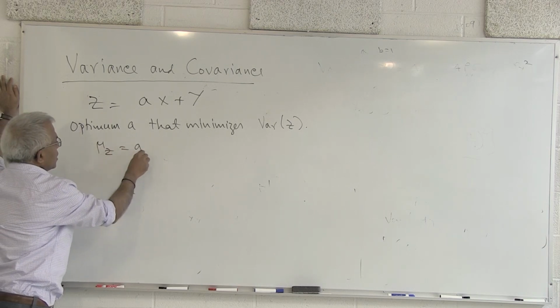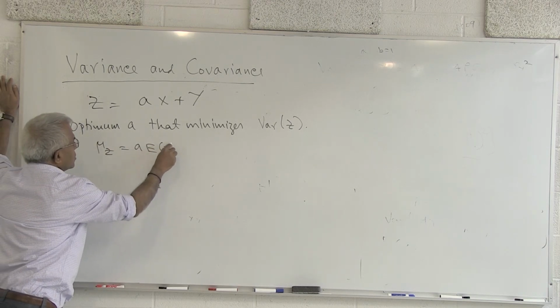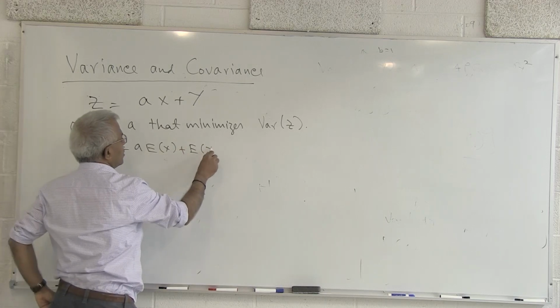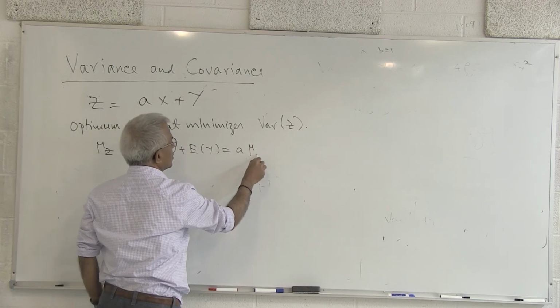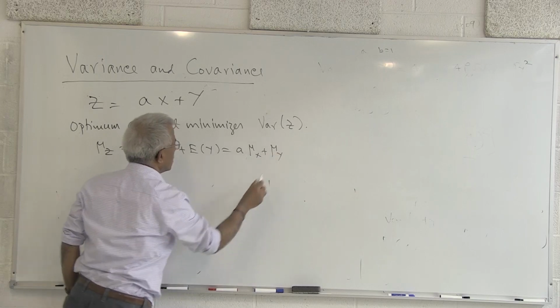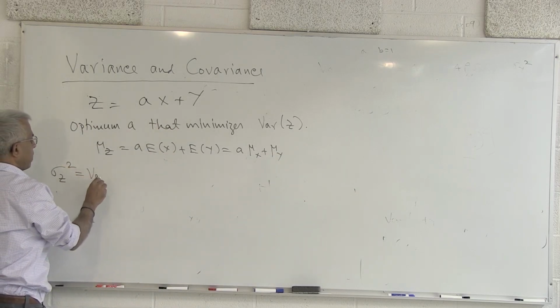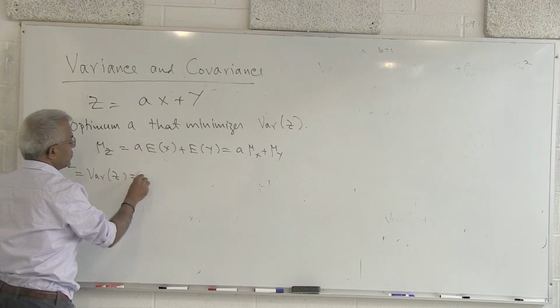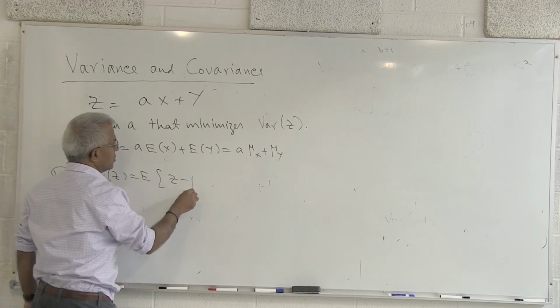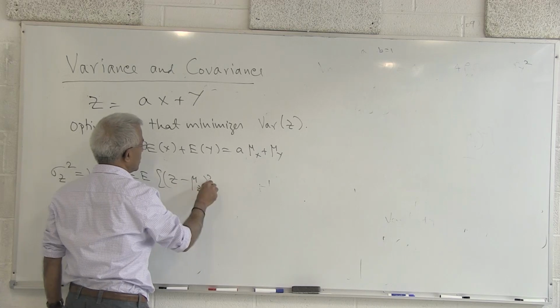So let's find out its mean. Mean is, of course, a times expected value of x plus expected value of y. So this is a mu x plus mu y. And the variance of z is by definition expected value of z minus mu z, the whole squared.